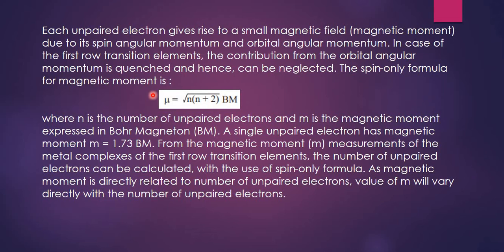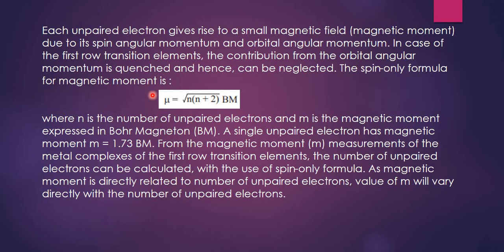Magnetic moments are determined experimentally in solution or solid state, as I told you earlier, and there is a slight difference in the calculated and observed magnetic moment. In fact, in the second and third transition series, orbital angular momentum is significant.